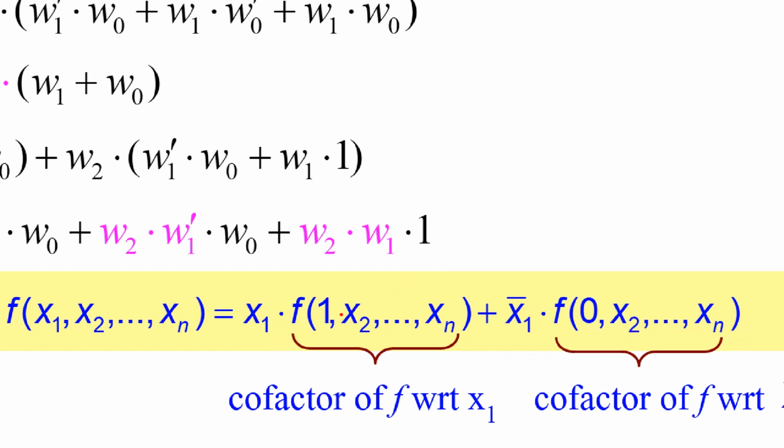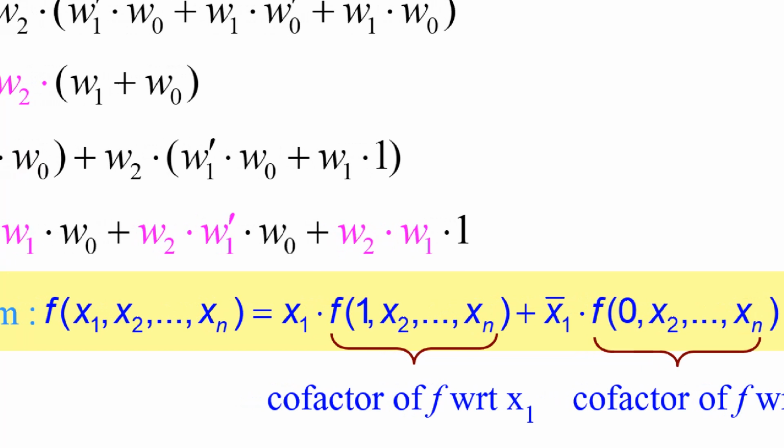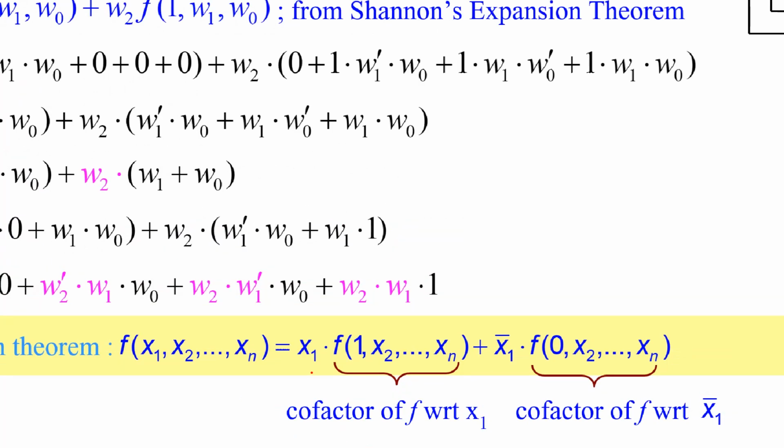So based on this configuration, we note that you can use x1 as the selector signal of a multiplexer.